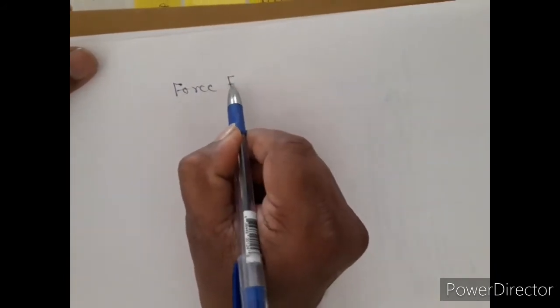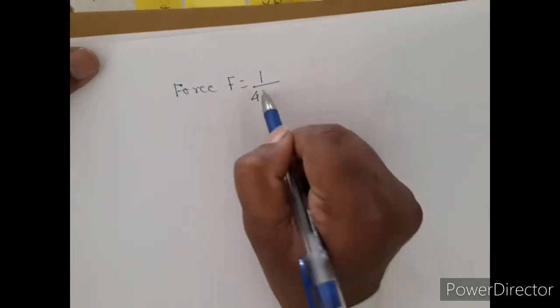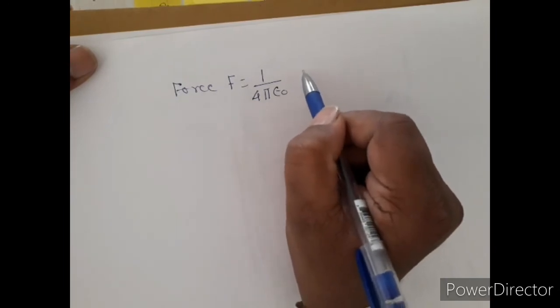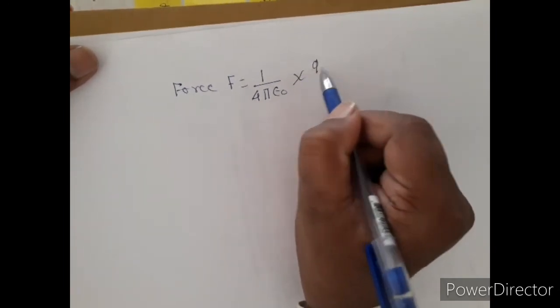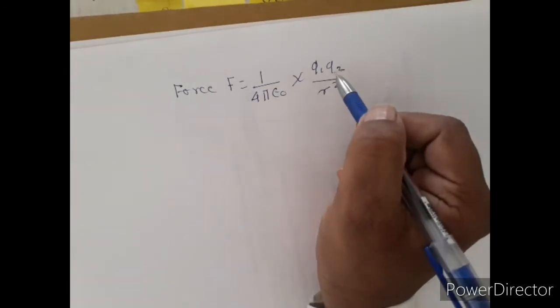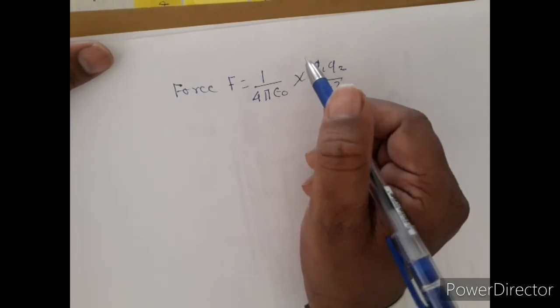So the first formula, for force: F is equal to 1 upon 4 pi epsilon 0 into Q1 Q2 upon R square. This is a very important formula to find the electric force.